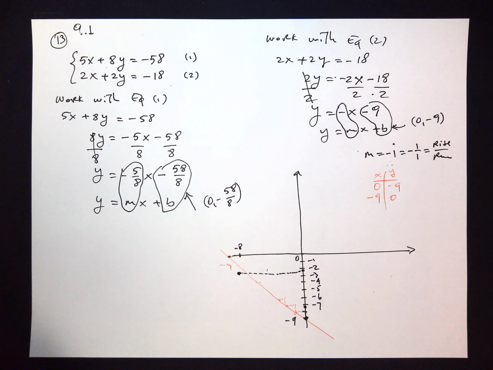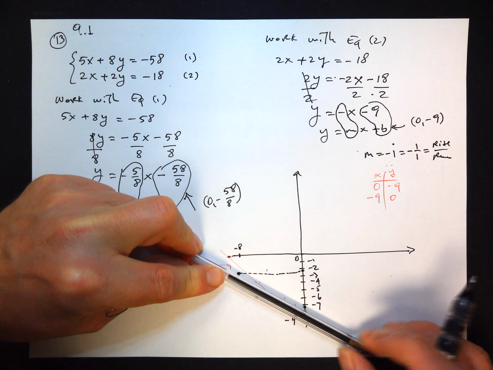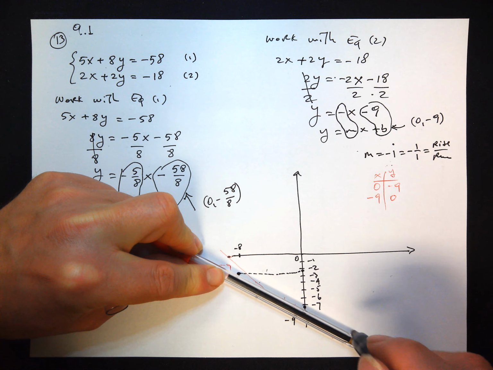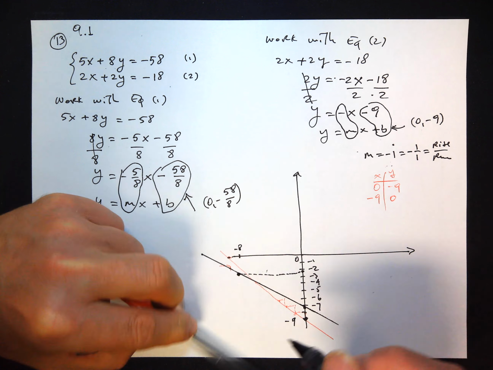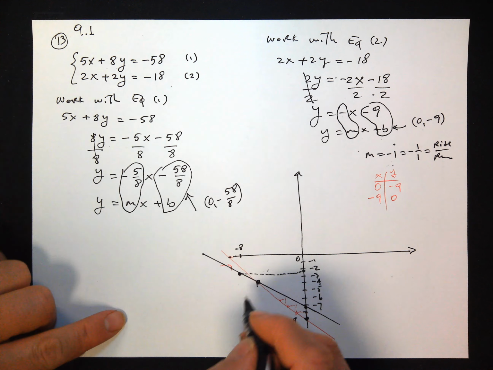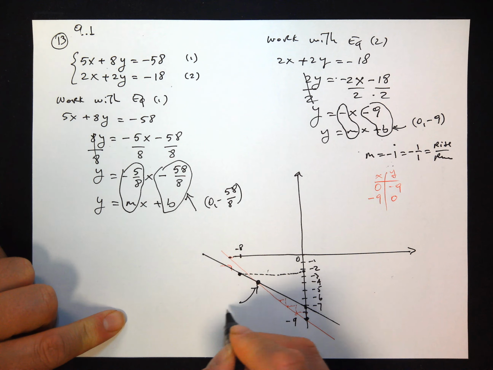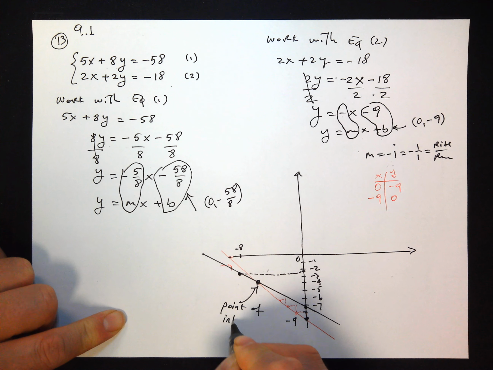Okay, so if I connect the two, I don't have a ruler handy right now, but that's alright. This is what I get. Notice this right here is the point of intersection.